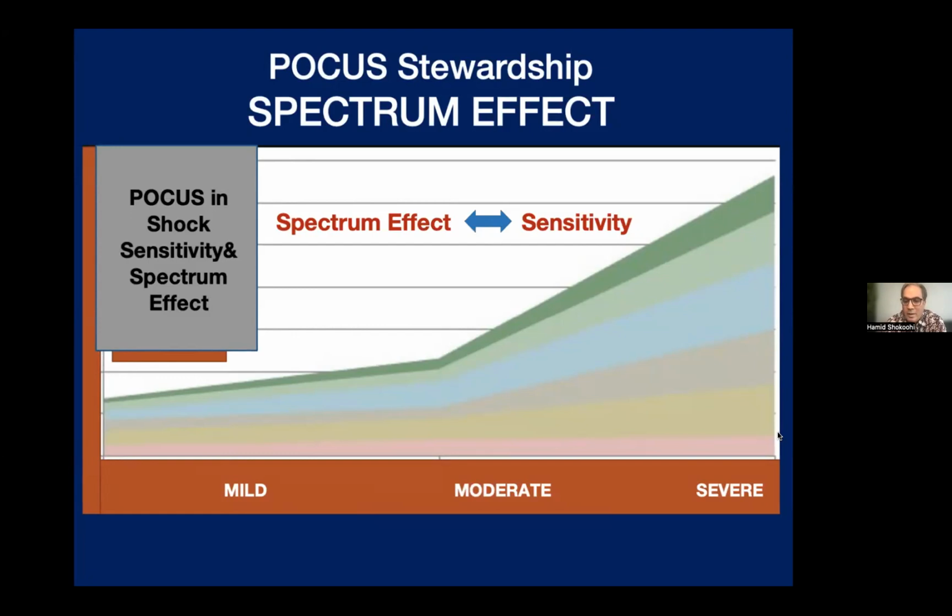Yes, I agree with you. In the cases that are mild to early, ultrasound does not significantly impact. But when it's getting moderate to severe presentation on any level, the impact of ultrasound is huge and significant. It's not proportionally going up, it's significantly increased.